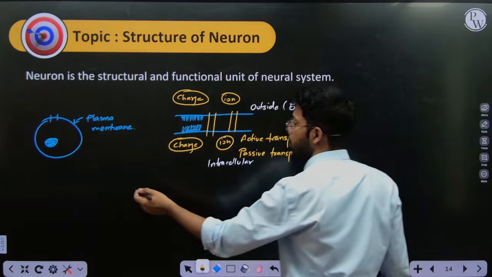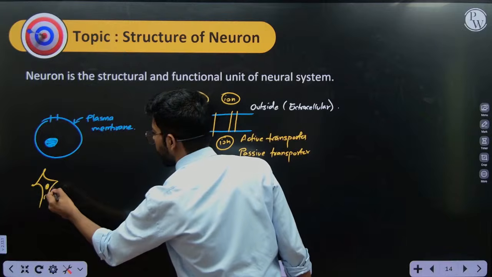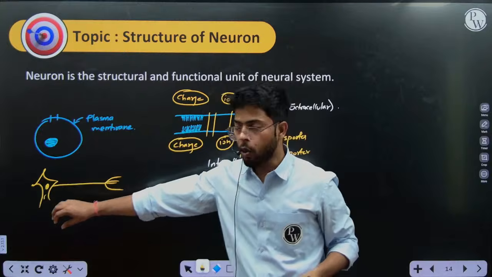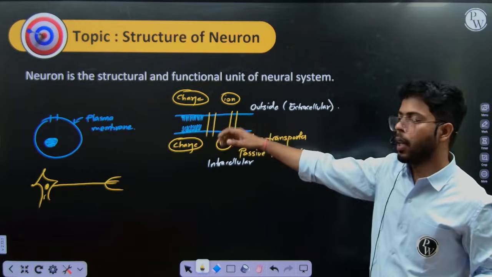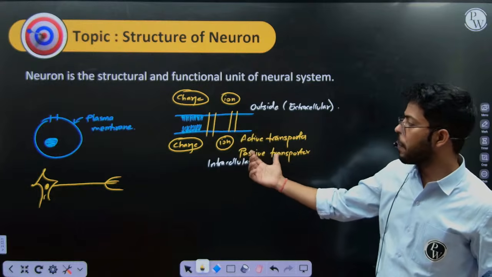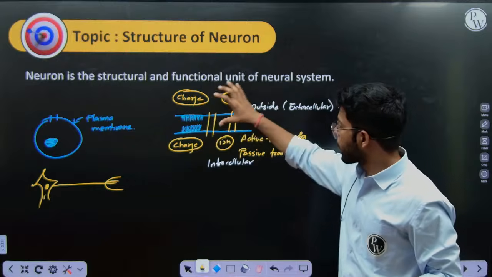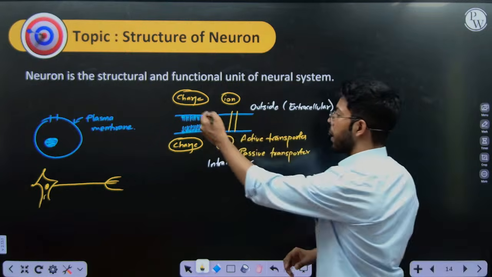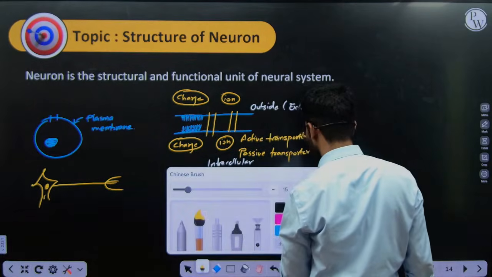So if we talk about the same, the neuron is also composed of a plasma membrane, and its plasma membrane also has transporters which may be active and which may be passive. So these transporters present across this membrane generate a gradient of the ions, a gradient difference.